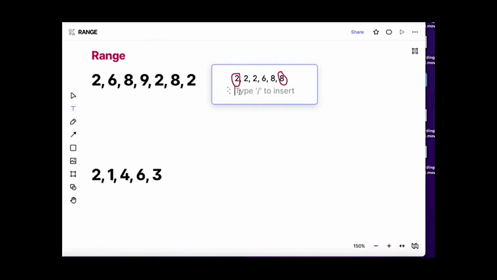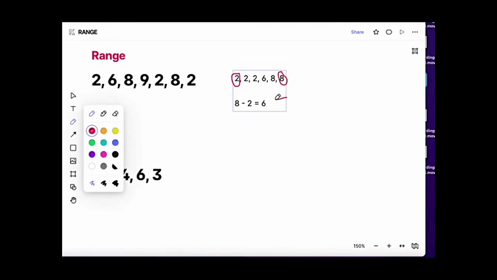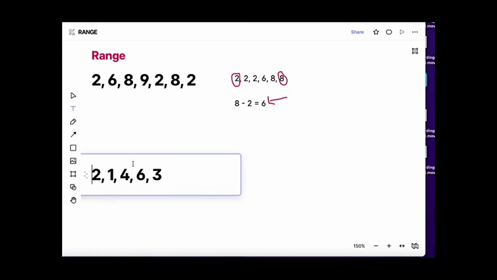So we get our highest number, which is an 8, and we subtract our lowest number, which is a 2, and our range then is 6. And that's how we know what the range is when we're asked to calculate the range when looking at our data set.